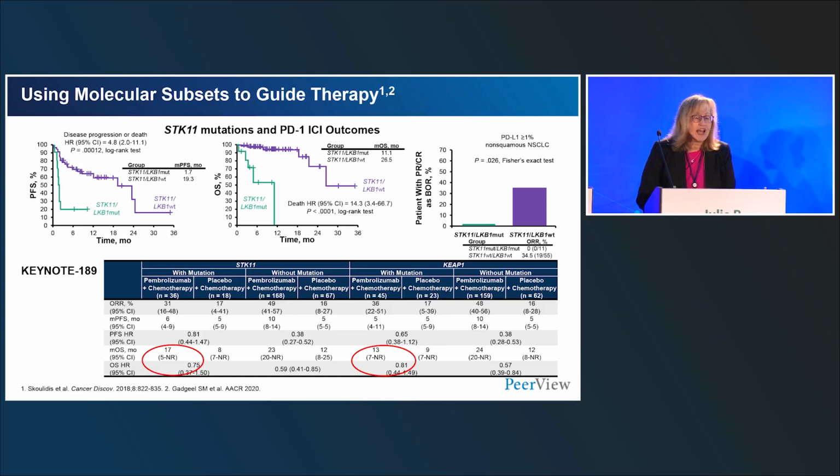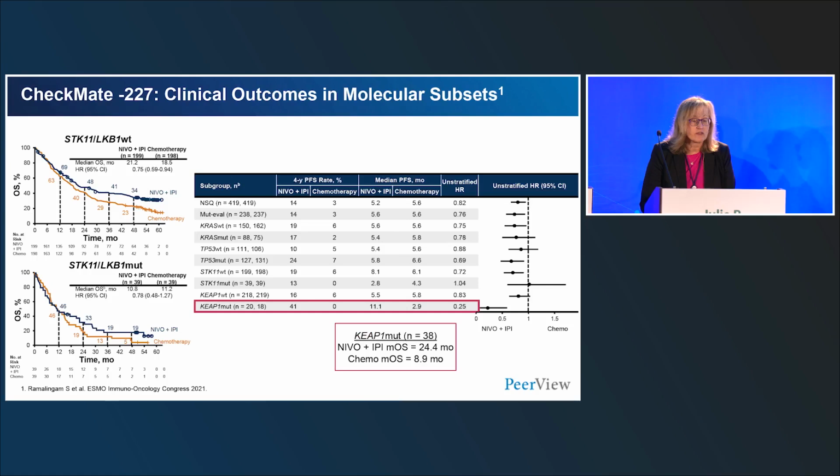But when you start to add chemotherapy, and you have an STK11 mutation or KEAP1, it does seem to abrogate that same signal. And so you can see in KEYNOTE-189, when combining chemotherapy with IO, STK11 mutant disease can respond and have longer survival.